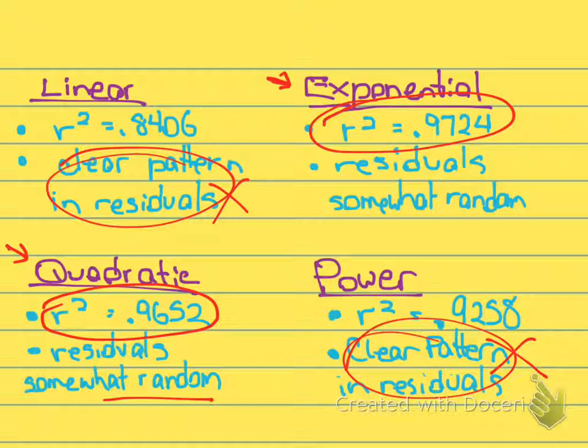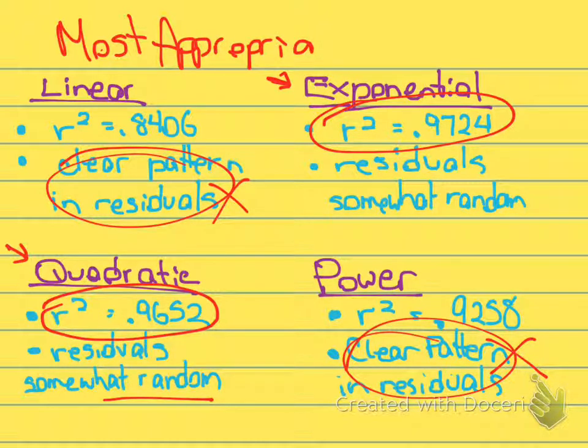And we see that the exponential function has an r squared that's a little bit stronger than the quadratic. So the best model here of these, or the most appropriate, I think I want to say that instead, the most appropriate model is going to be exponential.